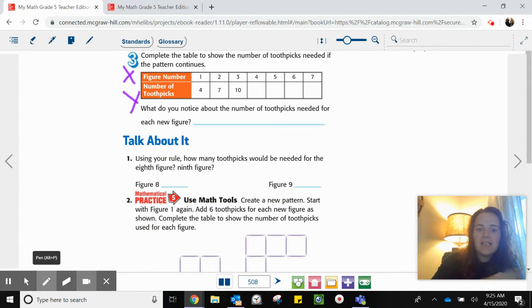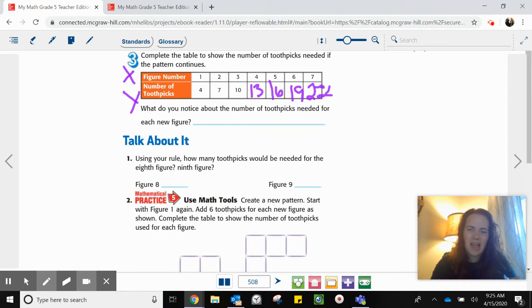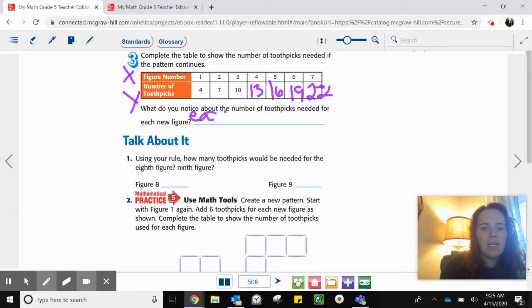So if we continue this on, we said figure 4 had 13, figure 5 had 16. If it keeps going, then we would have 19 and 22. Okay? So what do you notice about the number of toothpicks needed for each new figure? Well, we talked about that on the previous page, that each figure has 3 more toothpicks than the last one.